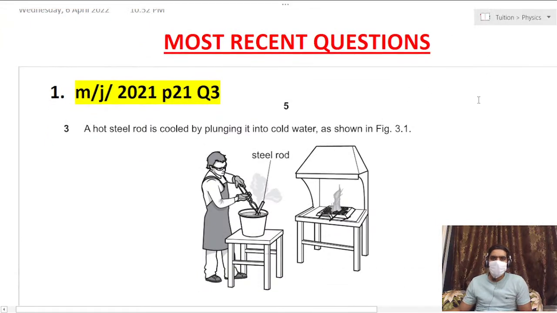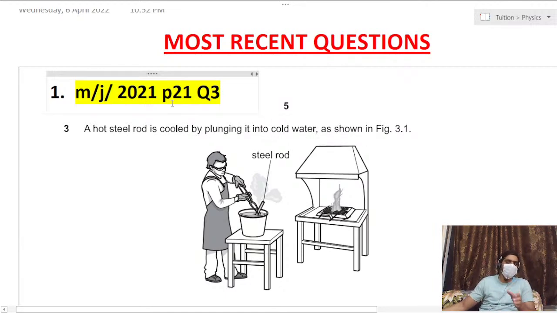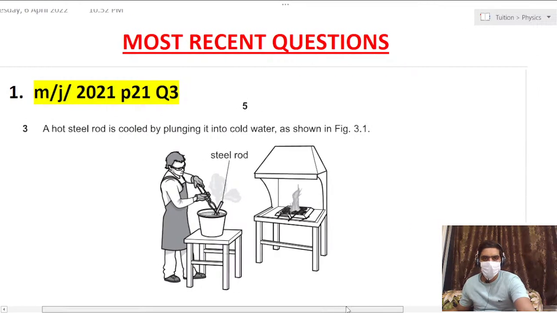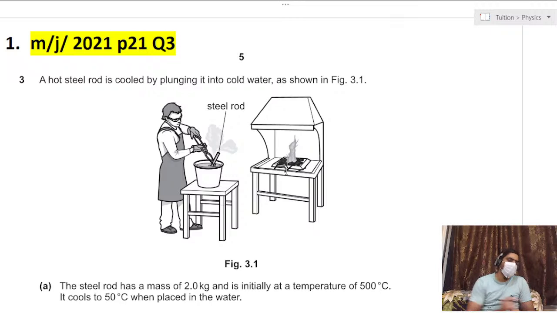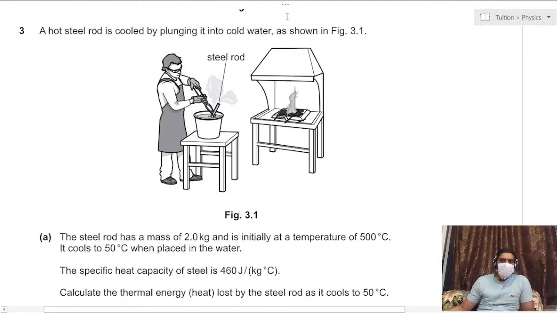All right, now we are starting with the past paper question. This is the most recent question from 2021, paper 2-1, May June, question number 3. So those who have the past paper, you can find it in the yearly past paper 2021 May June paper 2-1. It is question number 3. So a steel rod is cooled by plunging it into cold water.